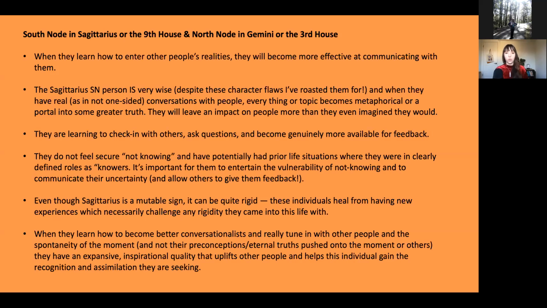They don't feel secure not knowing based on their South Node, and have potentially had prior life situations where they were in these clearly defined roles as knowers. It's interesting, this even reminded me of Mark Jones's work for the astrology community in Healing the Soul.